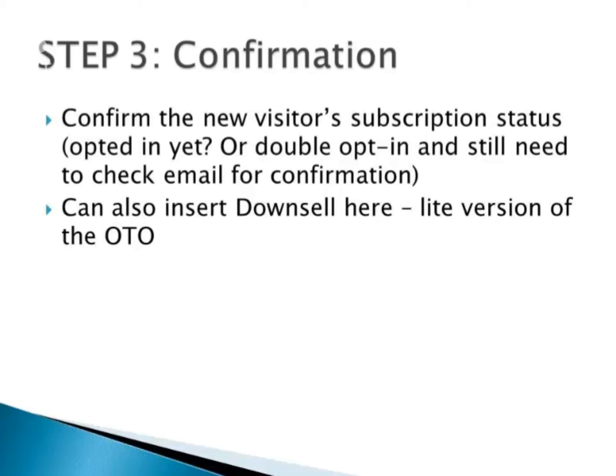On this page, you inform your new visitor that he has already been subscribed to your mailing list if your autoresponder uses single opt-in, or that he still has to check his email for a confirmation email if you're using a double opt-in autoresponder. Aside from confirming the new visitor's subscription status, this page has high virtual real estate value, so you can insert a downsell, which is also known as the light version of your one-time offer or OTO.